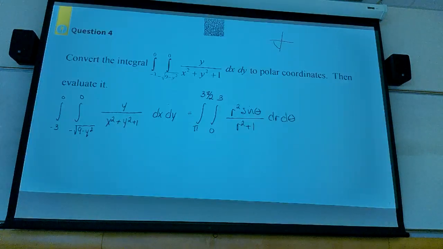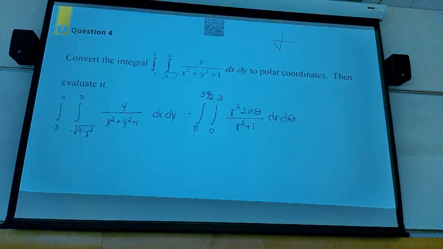What is the antiderivative of sine? Negative cosine. So we're going to have negative. What is cosine of 3 pi over 2? 0. What is cosine of pi? -1. 0 minus negative 1 is positive 1.